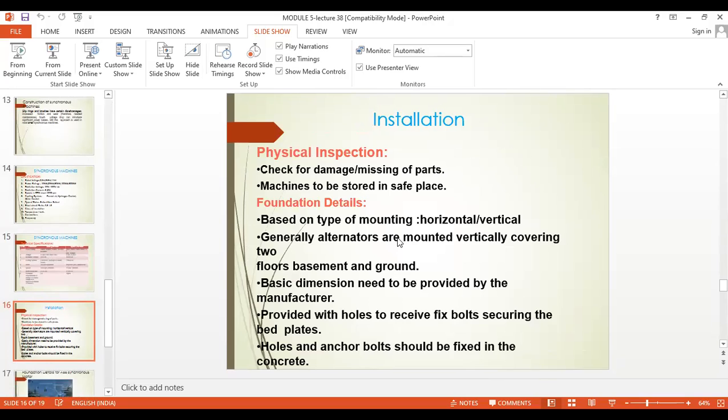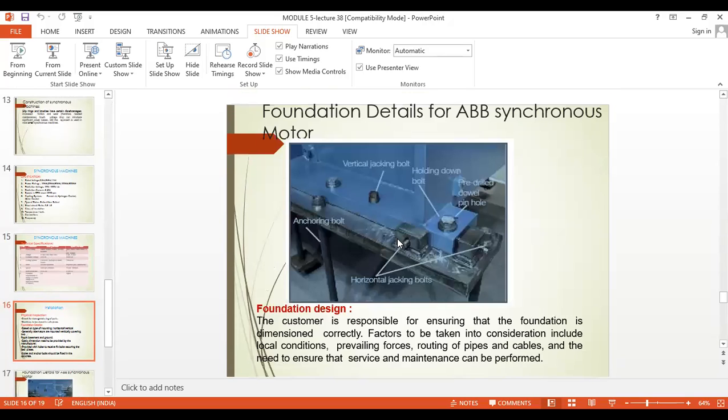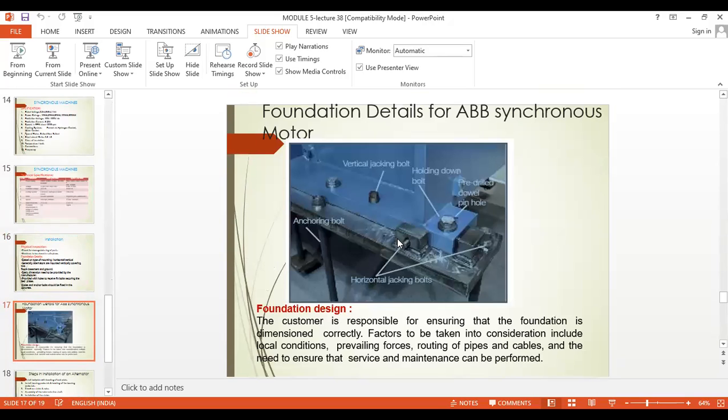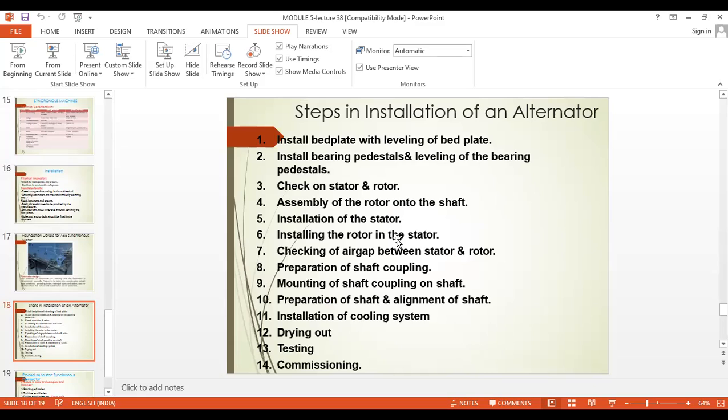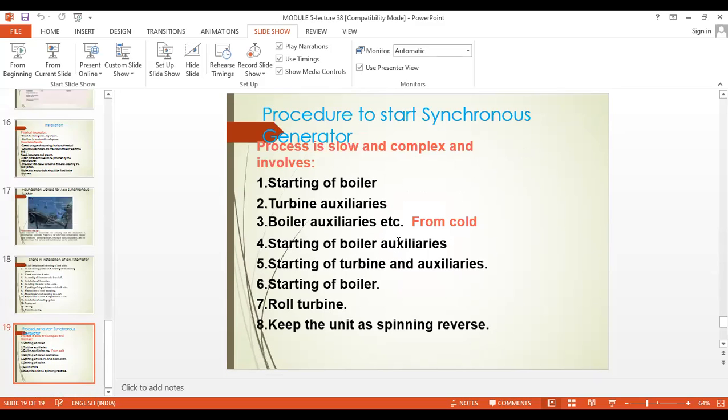Then physical inspection and foundation details, and how the foundation may be. After foundation, the installation process and the steps for installation. Then the procedure for starting: after installation, we need to start the synchronous generator, right? So these are all the topics we have seen in this lecture.